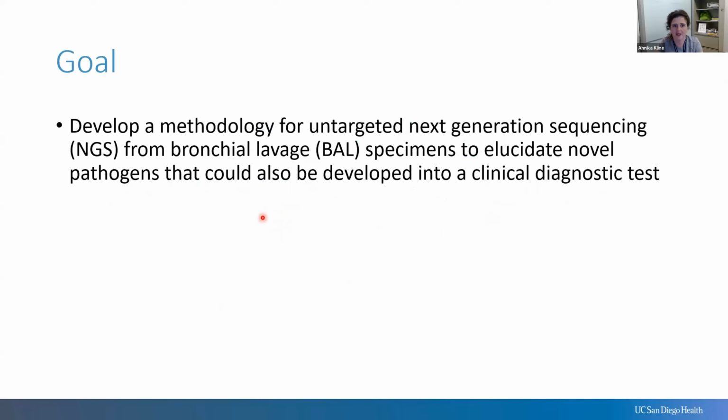As you saw, this is NGS, or next generation sequencing, for pathogen identification in BAL samples. The goal for this project, and it is still ongoing, is to develop a methodology for untargeted next generation sequencing from bronchial lavage specimens. The idea is to elucidate novel pathogens and get better elucidation of existing pathogens, and to develop it in such a way that it could also become a clinical diagnostic test.